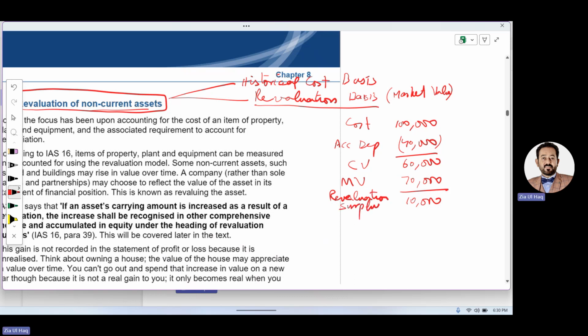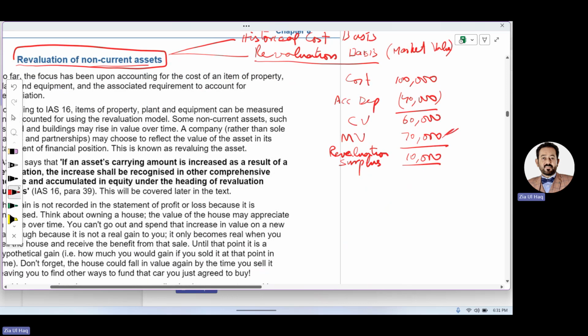If it's more, it is a revaluation surplus. Now we will record our asset with this value, and the accounting entry is debit asset, credit revaluation surplus.